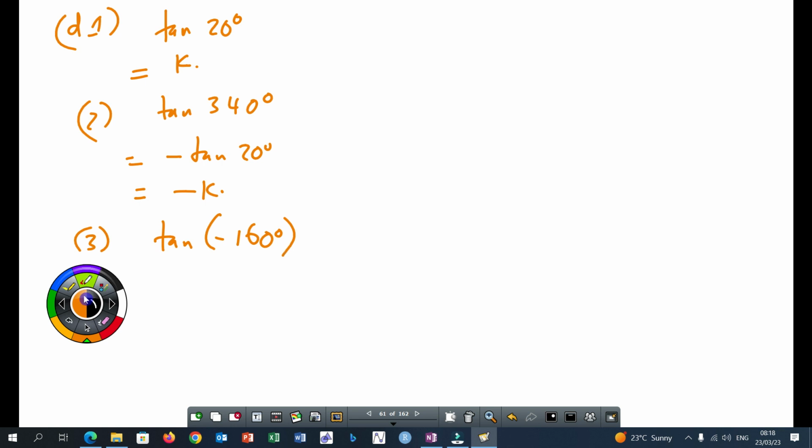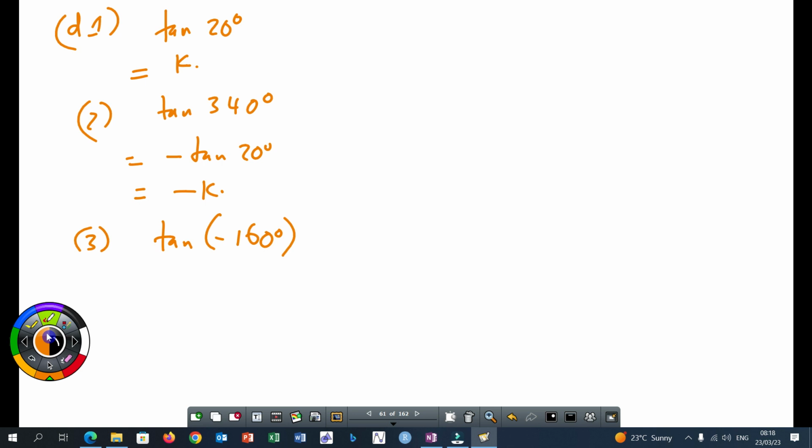Here, it's better to add 360 degrees to it to make it positive. Whenever you have got negative angles, add 360. If the angle is still negative, add another 360 until it's positive. So this will be tan 200.